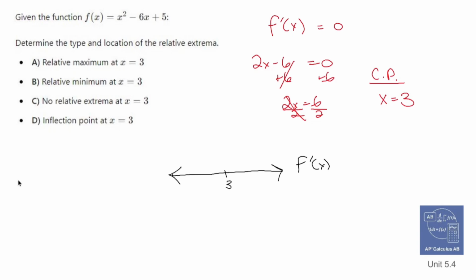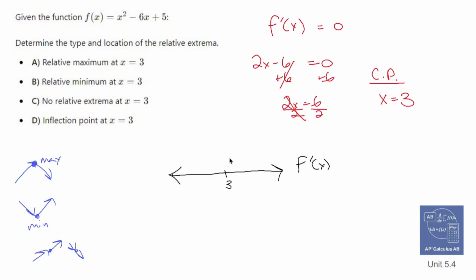Okay, if I go from something that's increasing to decreasing, I have myself a relative maximum. If I go from decreasing to increasing, I have myself a relative minimum. And if I go from increasing to increasing or decreasing to decreasing, I have myself a neither. None of these are going to be inflection points. That's the second derivative. We'll get there.